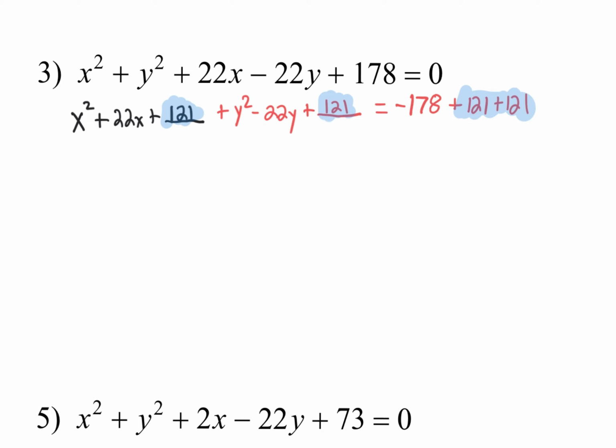Okay. So now we factor. X plus half of 22 is 11. So it's x plus 11 squared plus y minus half of 22, 11 squared equals 36. That's my guess. I don't think so.